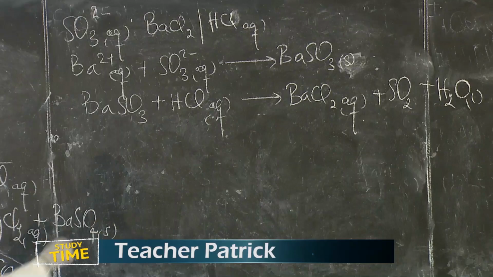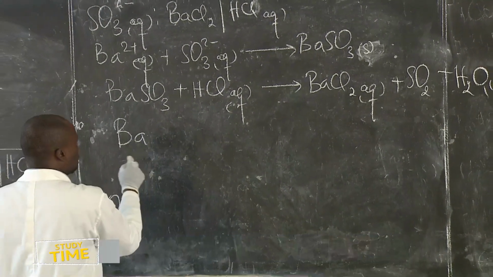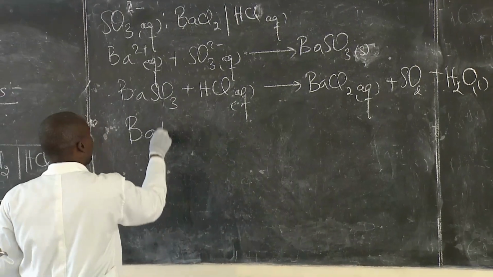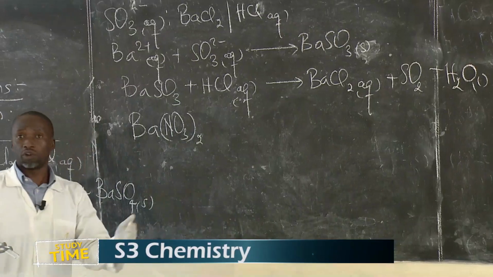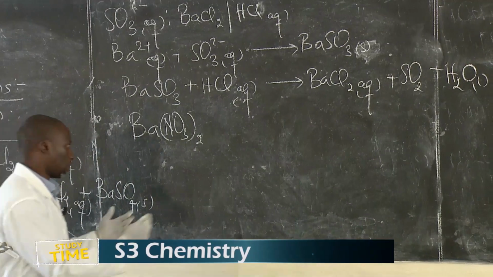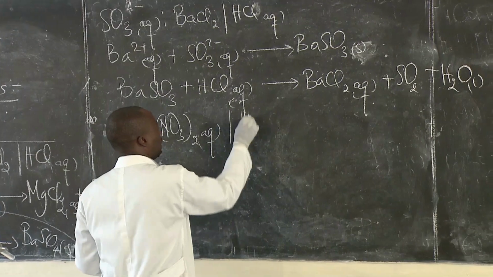There are other reagents, probably I can also mention them. You can use barium nitrate. So I'm using the common reagents that are in the lab, the common ones. So barium nitrate with the nitric acid.